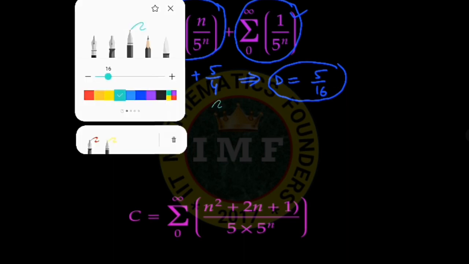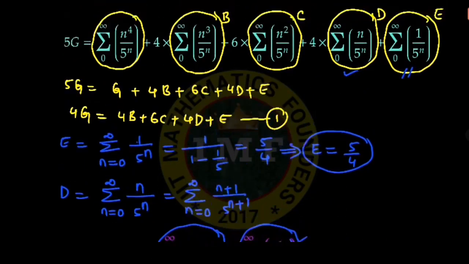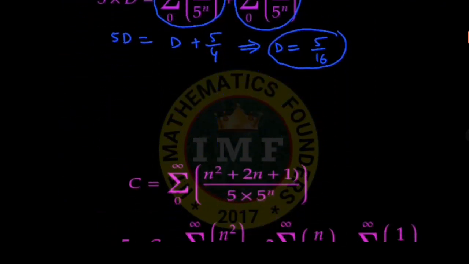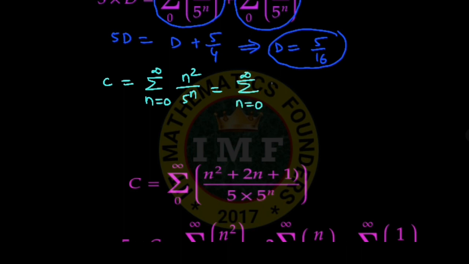Okay, now not E, it is the C. I am going to take C. What is C? C equals sigma n equals 0 to infinity of n squared by 5 to the power n, that is sigma n equals 0 to infinity of (n plus 1) whole squared by 5 to the power n plus 1.